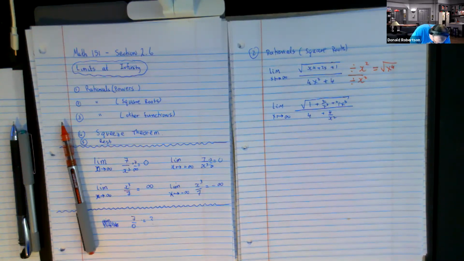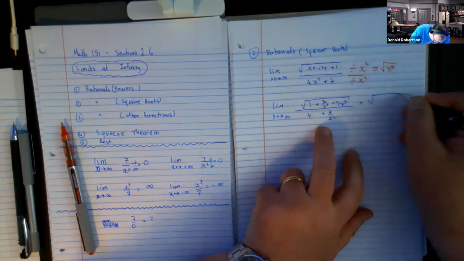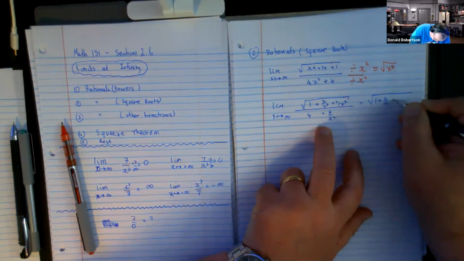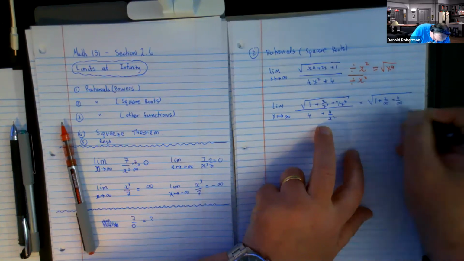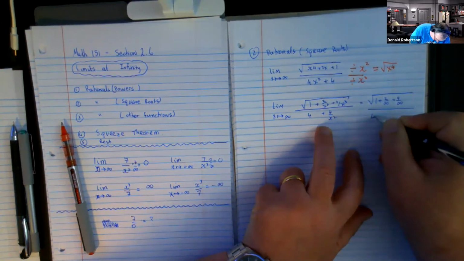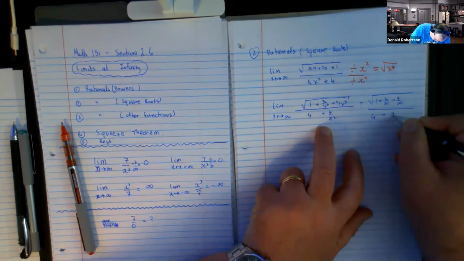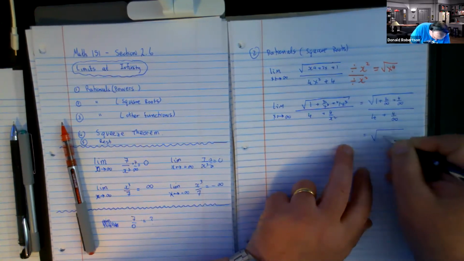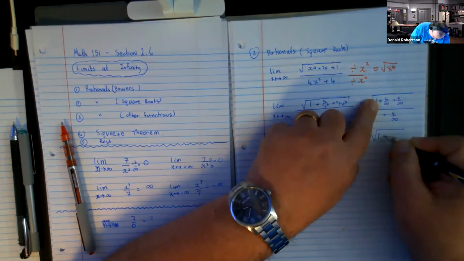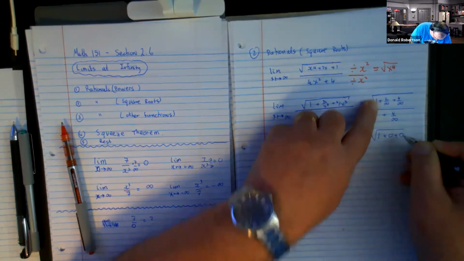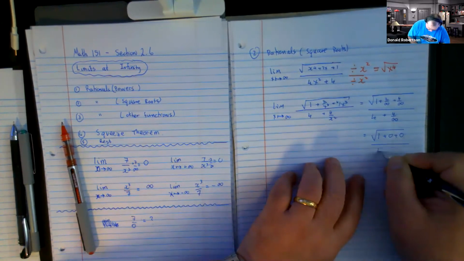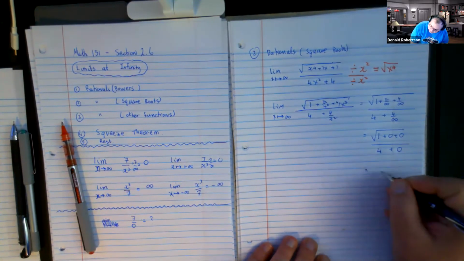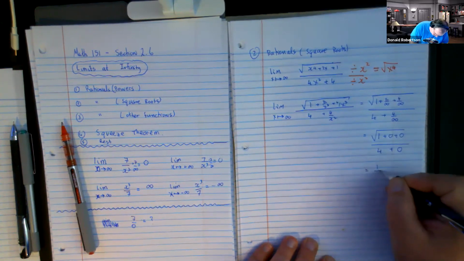Well, let's see what that looks like with brute force. 1 plus 2 over infinity plus 4 over infinity over 4 plus 4 over infinity. And that gets me 1 plus nothing over 4 plus nothing. And that gets me 1. Square root of 1 is 1 fourth.